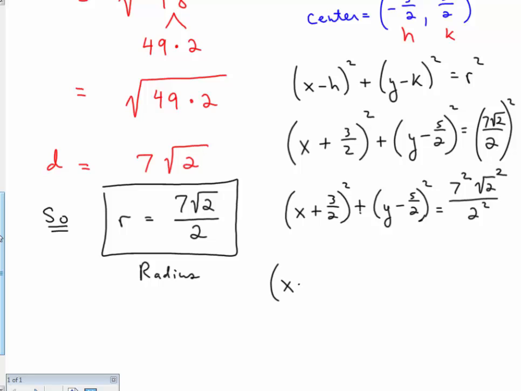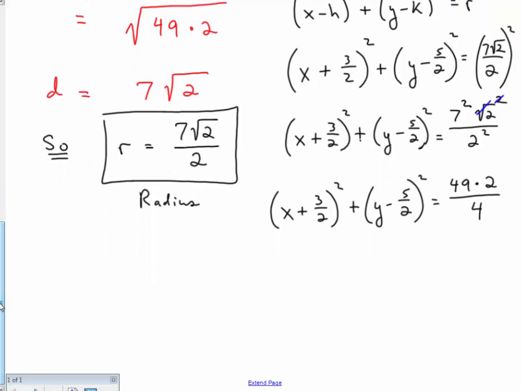Okay, left side is fine, so I'm just going to copy that down. And then squaring, 7 squared is 49 times, when I square the square root of 2, the root symbol and the square cancel, so that's just going to be 2 over, and then when you square 2, you'll get 4.